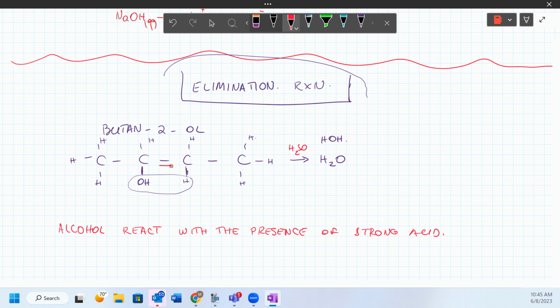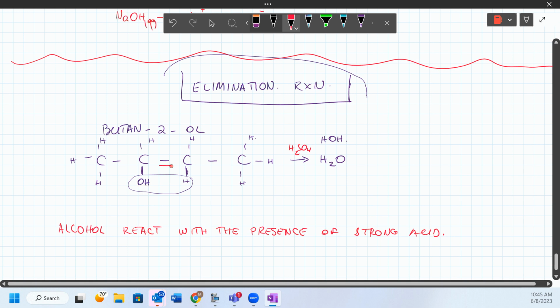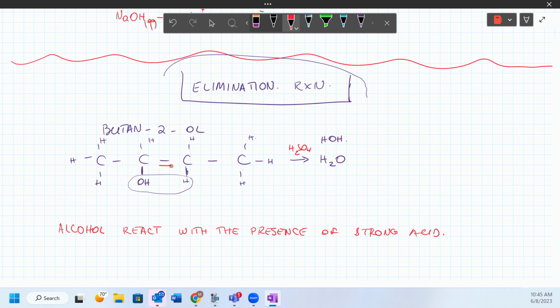You may have a strong acid such as sulfuric acid react with it to produce an alkene, meaning double bonded, and HOH, which is nothing but water.